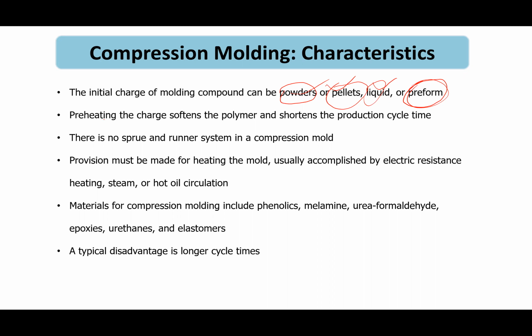Preheating of the charge softens the polymer and shortens the production cycle time. If you preheat the polymer before inserting it into the cavity, the production cycle time will be reduced.